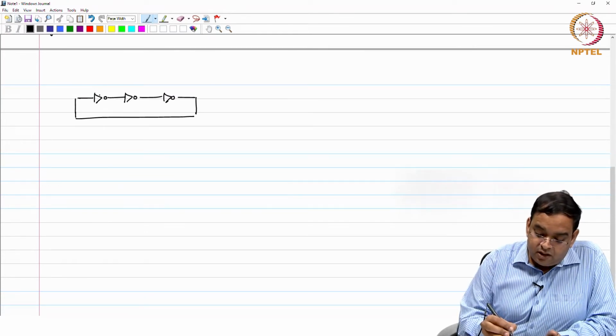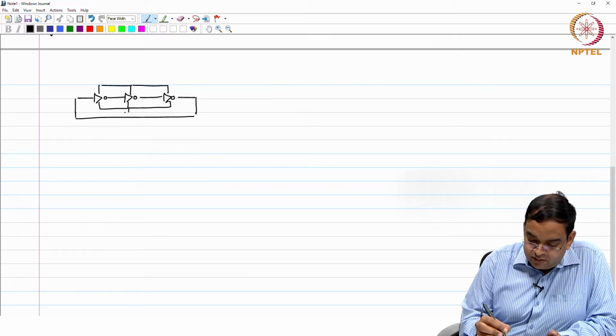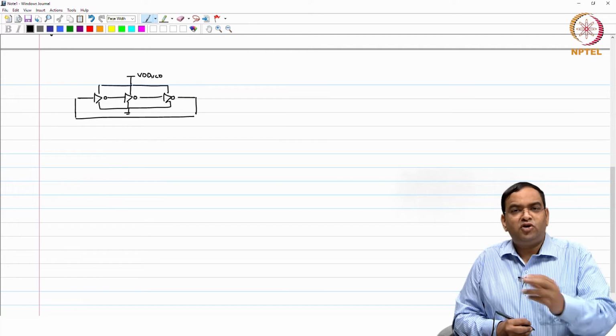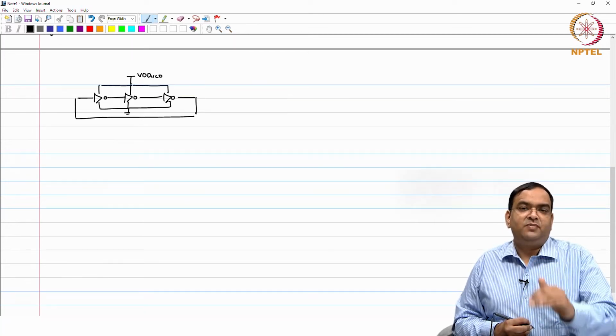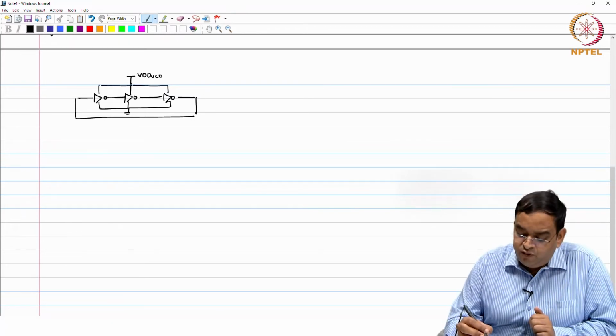One, when we control the supply VDD VCO of the oscillator to change the output frequency, whether we change the current or we change the supply, at the end, we are changing the supply voltage of the oscillator to change the output frequency.